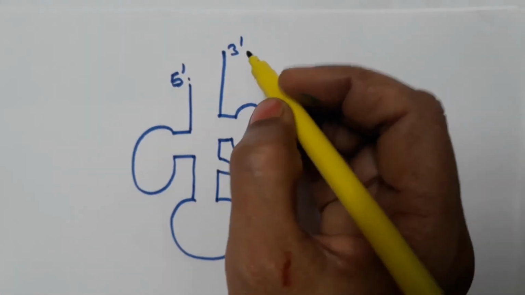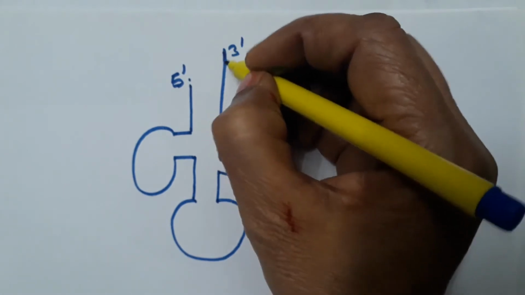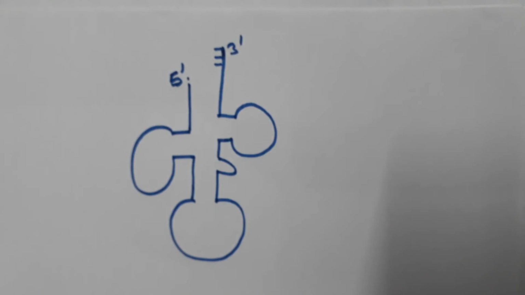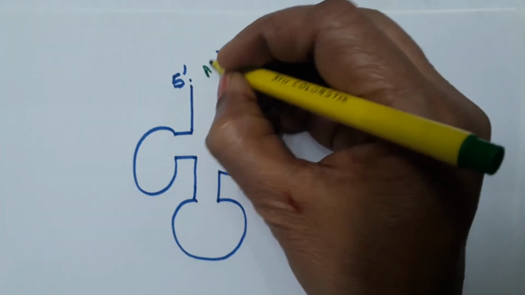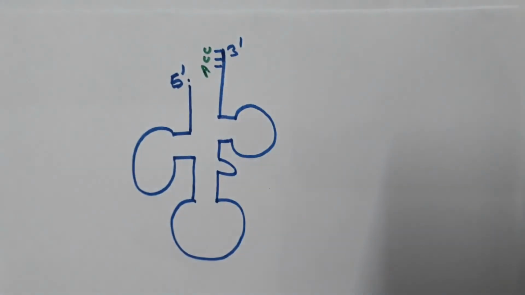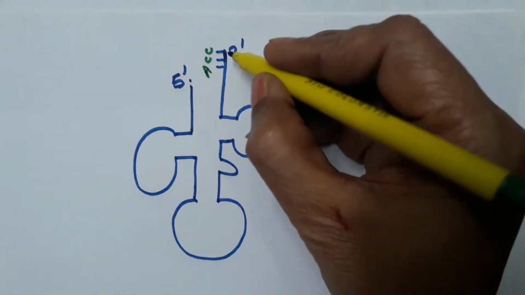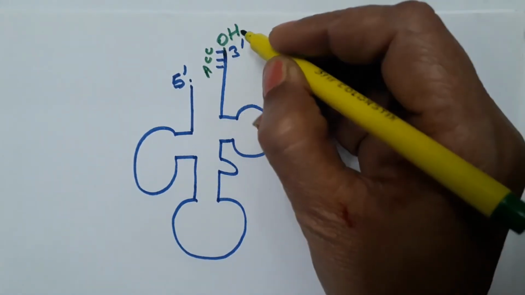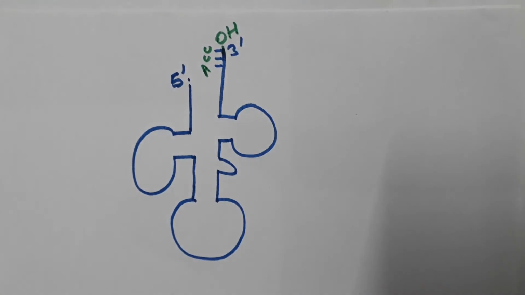The 3' end consists of the last codon, that is A, C, C, the last sequence present at the 3' end of the transfer RNA. The third carbon also consists of an OH functional group. The OH functional group is also present here.